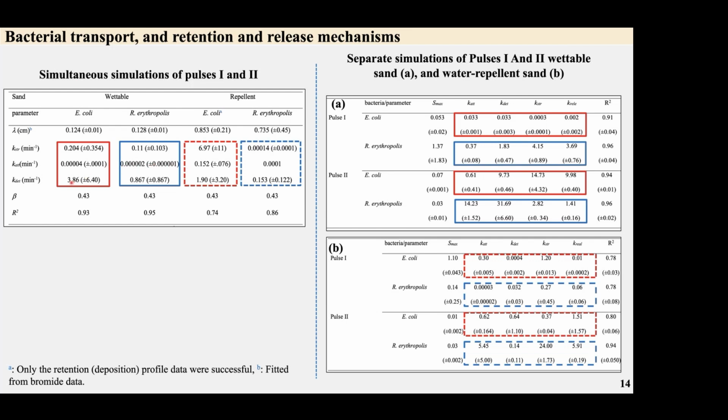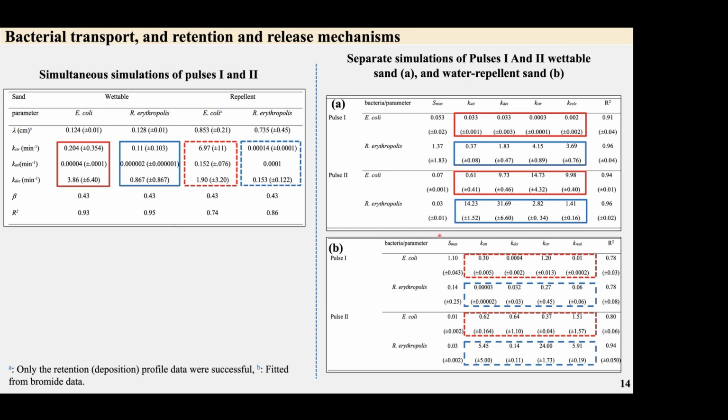But we see that detachment, that is also a physicochemical mechanism, was really high. That was a question. When we have such a low rate of attachment, why should we have such a high rate of detachment? So that was a very logical question to run those experiments, and also to have separate simulation.